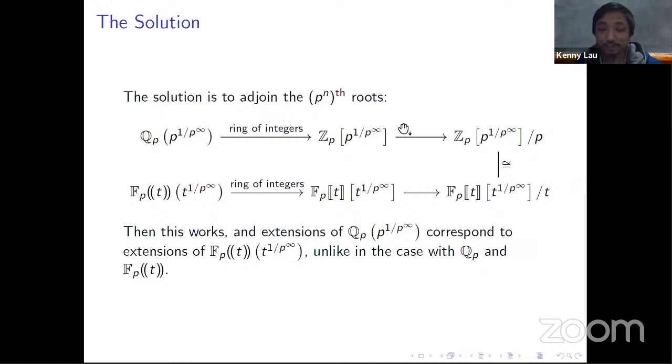The theorem is that this works under some sort of conditions. Or in the language of category theory, we say that the categories of finite, maybe Galois extensions are equivalent categories. Right? This is what corresponds means. And so this is somehow the solution.